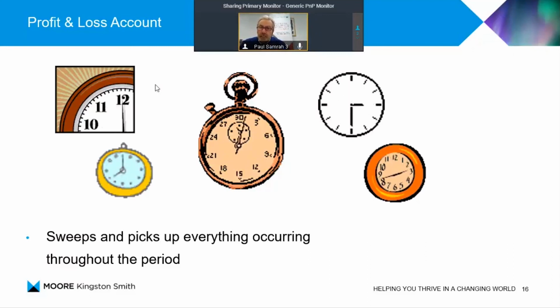We need to make sure what period that invoice covers. And if it covers a period longer than a year, we would only bring in a year's worth of that expense, because we are preparing a set of accounts for a 12-month period and matching the sales and the expenses that relate to that 12-month period. So very important to understand the accounting period length and then to pick up things that relate to that period, whether paid or payable or received or receivable.